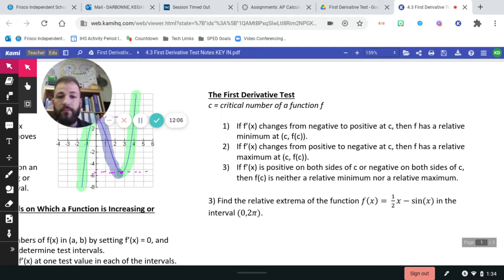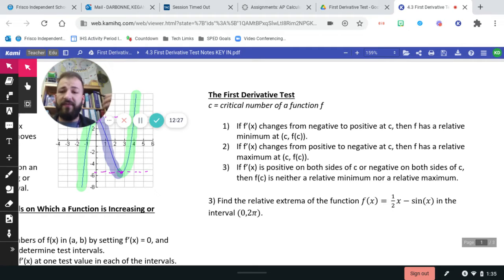So negative to positive on f prime is a minimum. Positive to negative on f prime is a maximum. And then last but not least, if we do not have a sign change, so if I go positive, positive, or negative, negative, which can happen, hasn't happened yet, but can happen, then it's neither a relative minimum or a relative maximum. It's just a critical number.